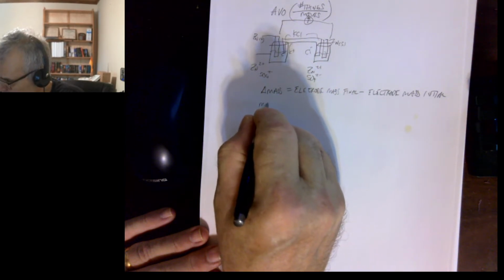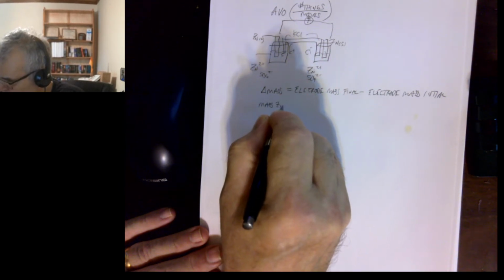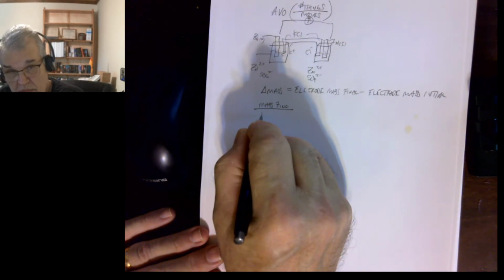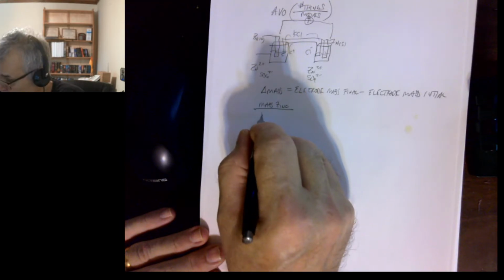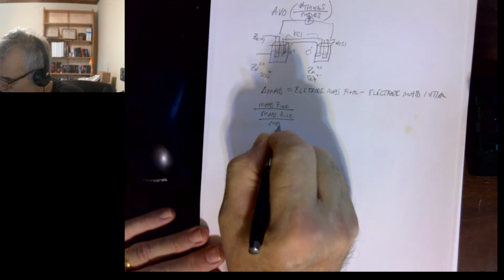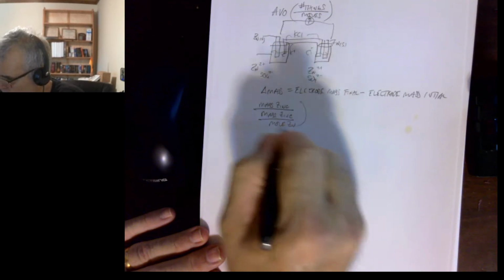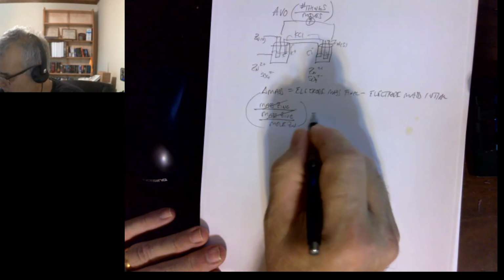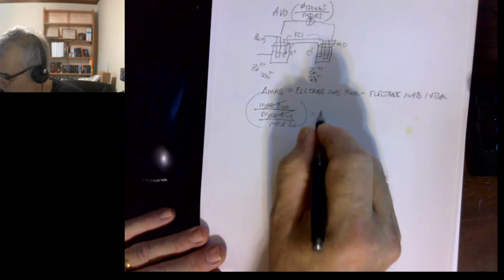Because if I have mass of zinc divided by, and the molar mass is what? Molar mass is grams per mole. So that's mass of zinc per mole of zinc. So if I take mass of zinc divided by mass of zinc over mole of zinc, masses cancel out and I get the number of moles of zinc.